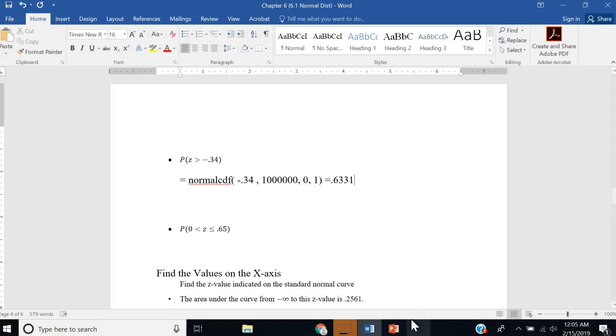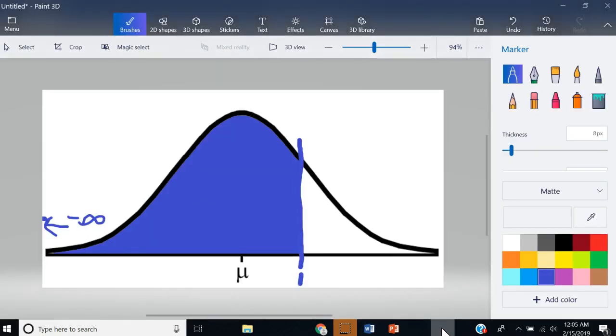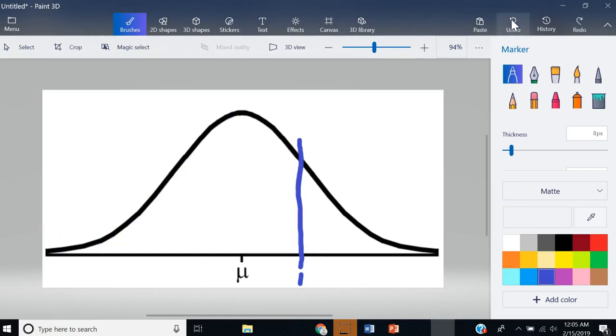By the way, if you were to draw this, let's undo what we did. What you would do is say, okay, negative 0.34 is a little bit to the left of the mean. I'm not drawing this very well, but that's fine.